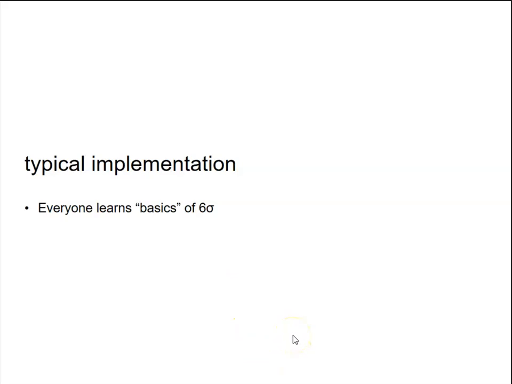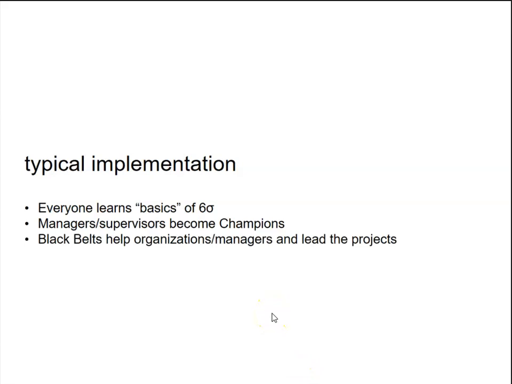So a typical implementation. What happens when we do a Lean Six Sigma project? Everyone is brought together. They learn the basics of Lean Six Sigma. And then the managers and the supervisors become champions. I'll give you a definition of that a little bit later. And then we have these people who are highly technical and highly competent.